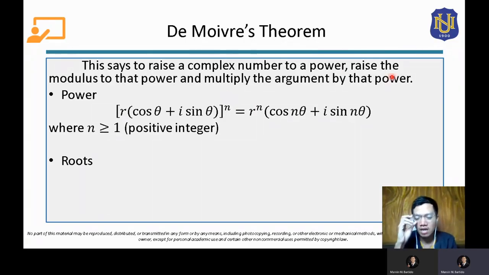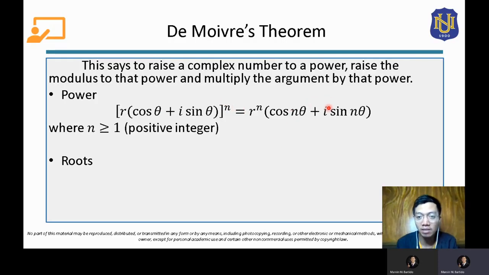As mentioned in this theorem, we have to raise the modulus to that power. Our modulus is r, so we just raise r to that power, which will be r raised to n. Then we multiply the argument by that power. The argument here is theta, and our power is n, so we multiply n by all our arguments.